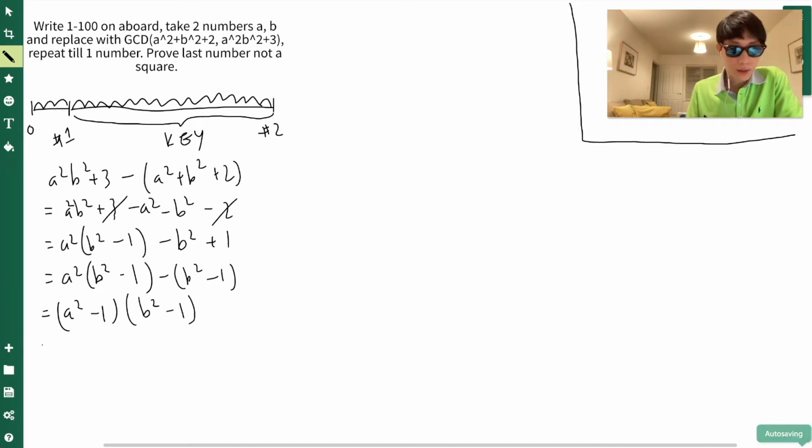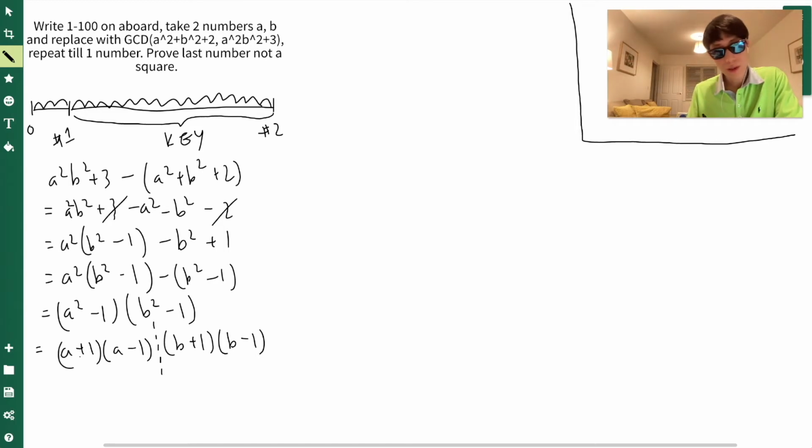And of course, everybody has learned this in probably middle school or maybe high school. This factors into a plus 1 times a minus 1. And this one is b plus 1 times b minus 1. Right, which is very nice looking, that the difference ends up in this highly factorized form.